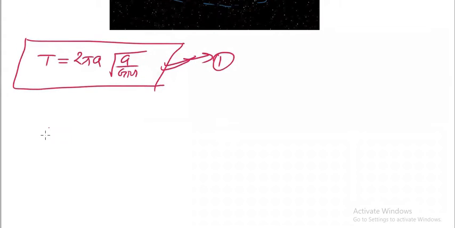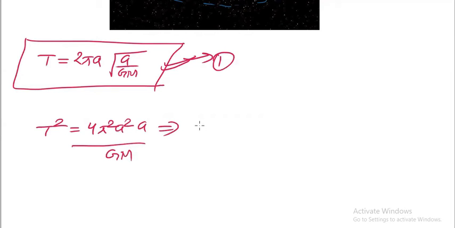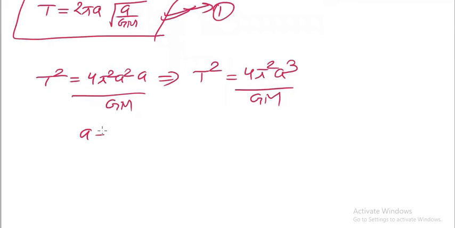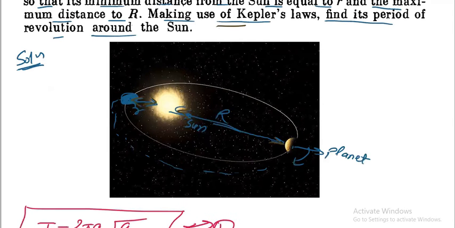Now squaring both sides, T square will be equal to 4 pi square a cube upon GM. Here small a is the semi major axis. Now if you see the figure, suppose this is an ellipse.